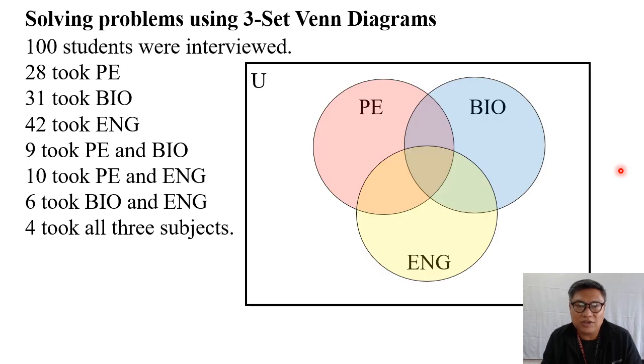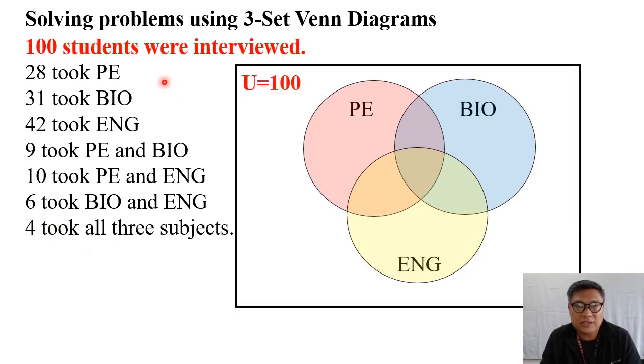If you're going to create a Venn diagram, then we can now assign these numbers here. Remember, these are the number of students. All of these should be either equal to 100 or less than 100. First, we have to find the intersection of the 3, meaning how many students took PE, biology, and English at the same time, and that's where we're going to put it here.